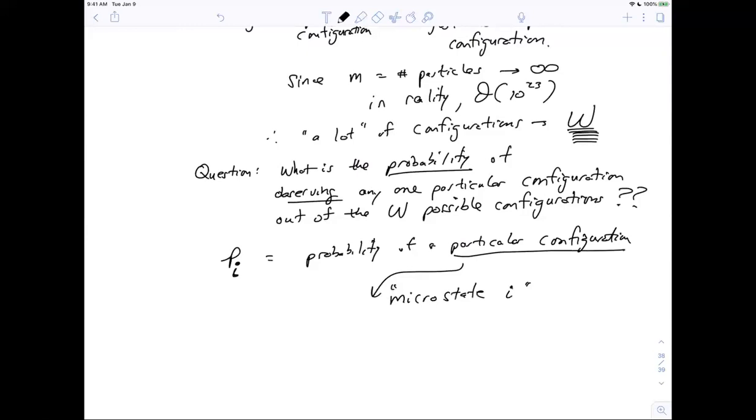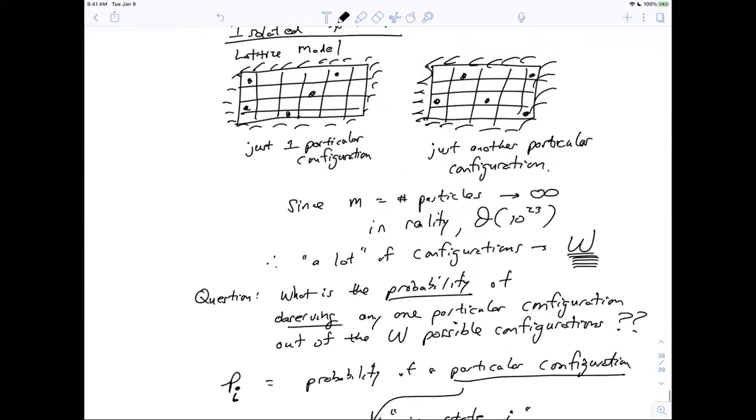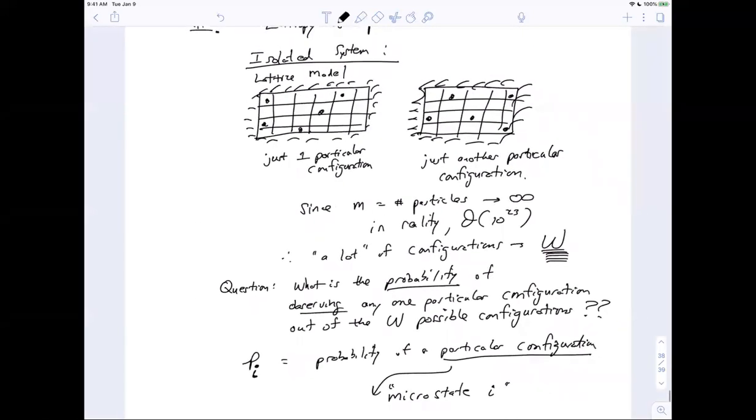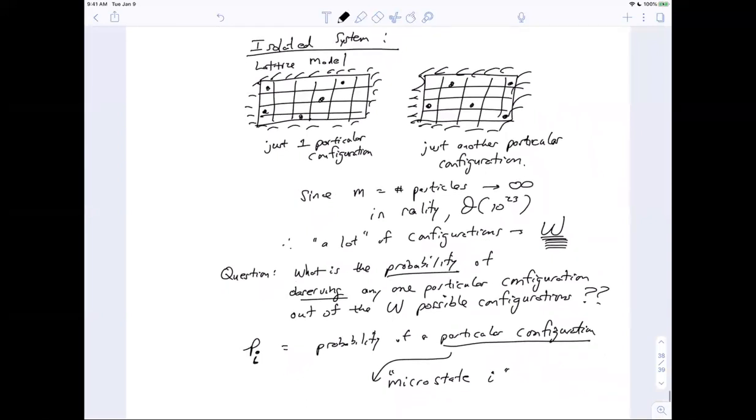If the system is isolated, does anyone want to take a guess as to what the probability would be for any particular microstate or configuration? If you were to take a snapshot at a particular time, we would see some configuration of particles, let's say the configuration on the left of the two pictures I've drawn.